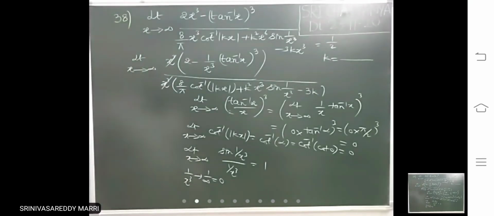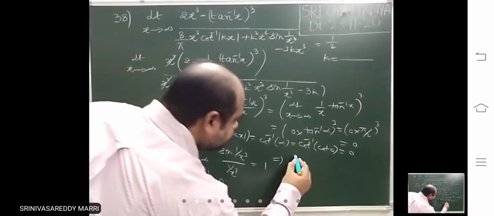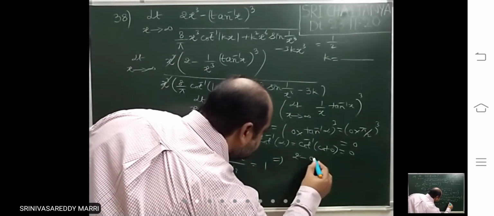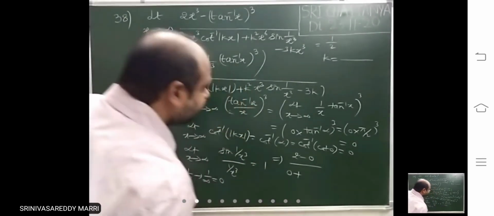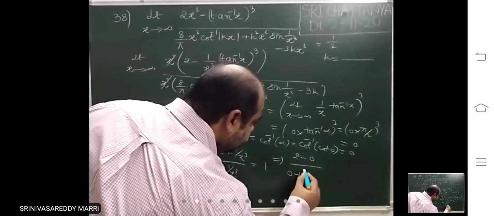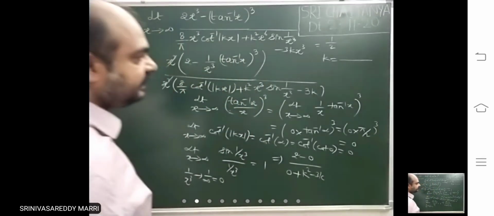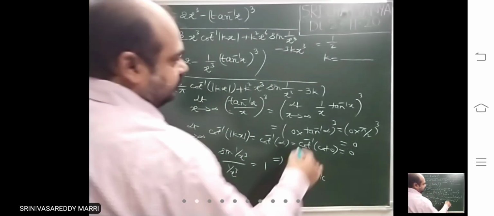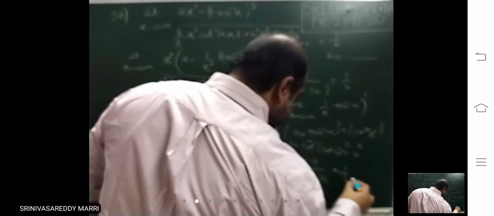So all the limits you got, that implies (2 minus 0) divided by (0 plus k square minus 3k) equal to 1 by 2, this is given.